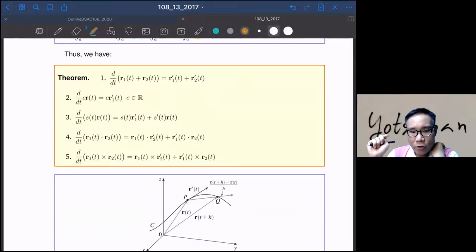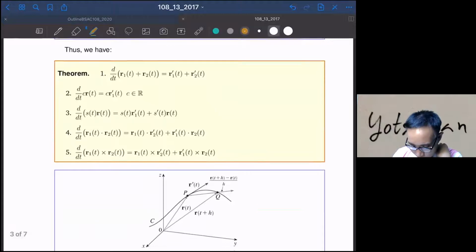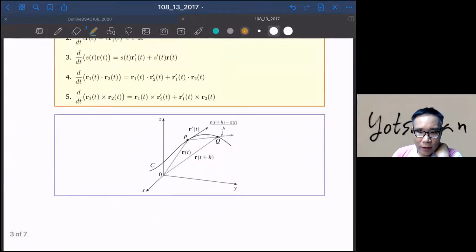Okay, let's discuss one thing. It's about the meaning of doing the derivative. Normally, when you do the derivative, it gives you the tangent line. Like in calculus 1, you have the tangent line when you do the derivative. In this case, it's also the tangent line.